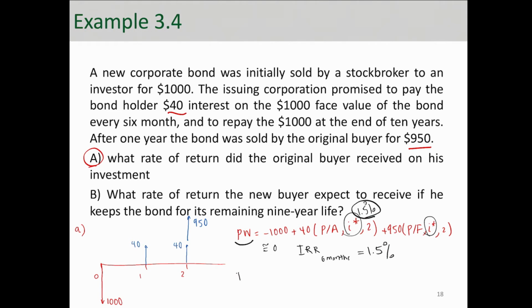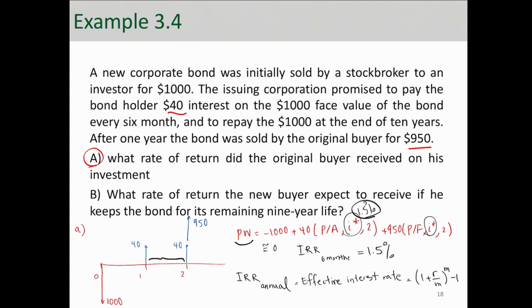But the IRR that we are looking for is the IRR yearly or annual. And in order to calculate that, we need to calculate the effective interest rate, because the $40 that he received at the end of the 6 months, he gained interest on that in the next 6 months. So you need to use the effective interest rate formula, which is (1 + r/m)^m - 1, right?